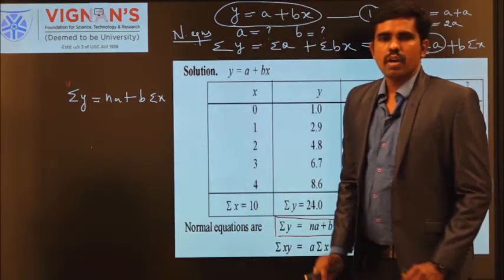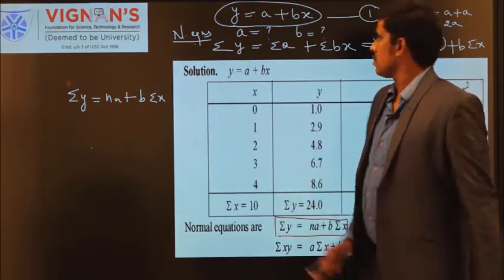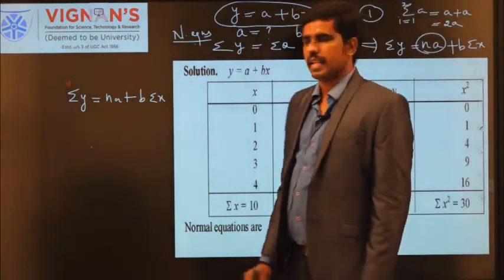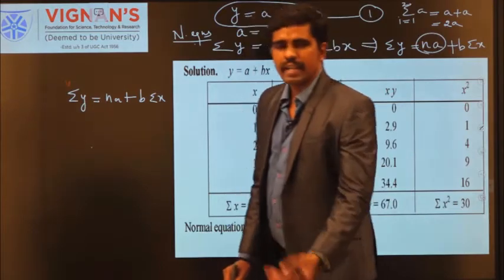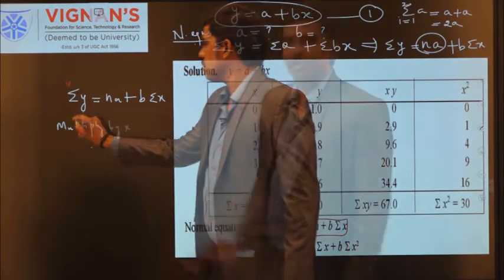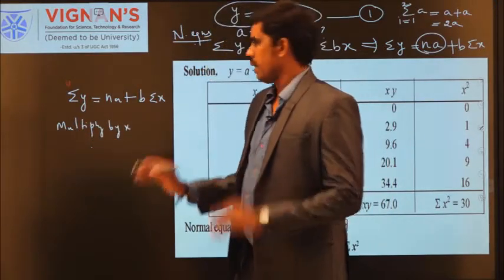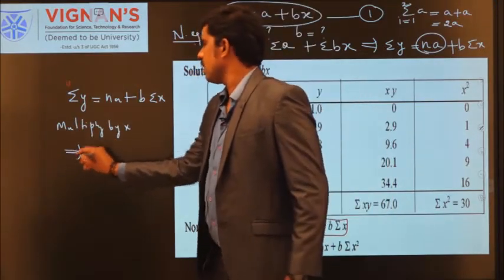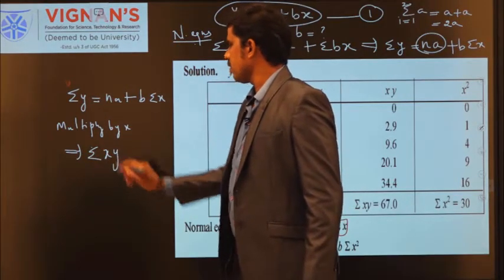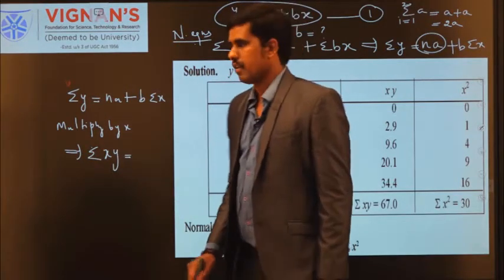Now what am I going to do? I am going to find the second normal equation. Already I found the first normal equation. So how can I write it? Multiply by x. So what will I get? Summation xy.